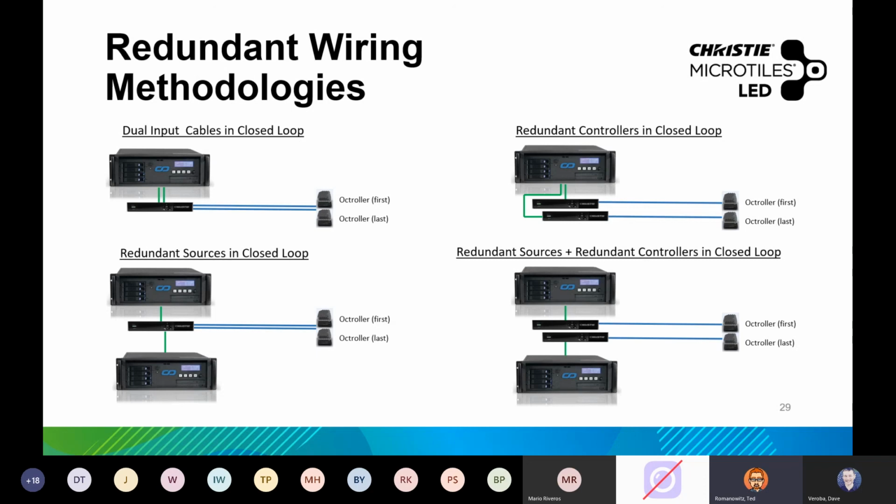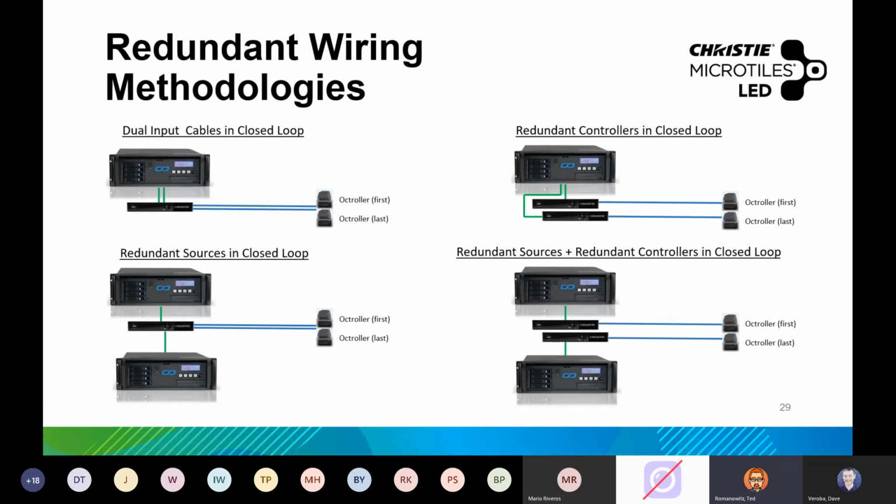You can go to dual input cables in a closed loop, top left. You can go to bottom left, redundant synchronized sources in a closed loop. And then you can have redundant controllers in a closed loop.